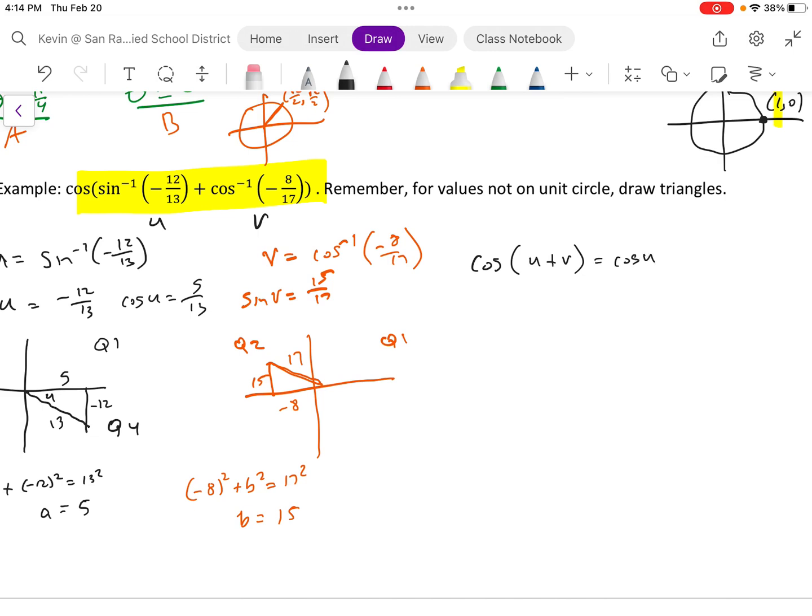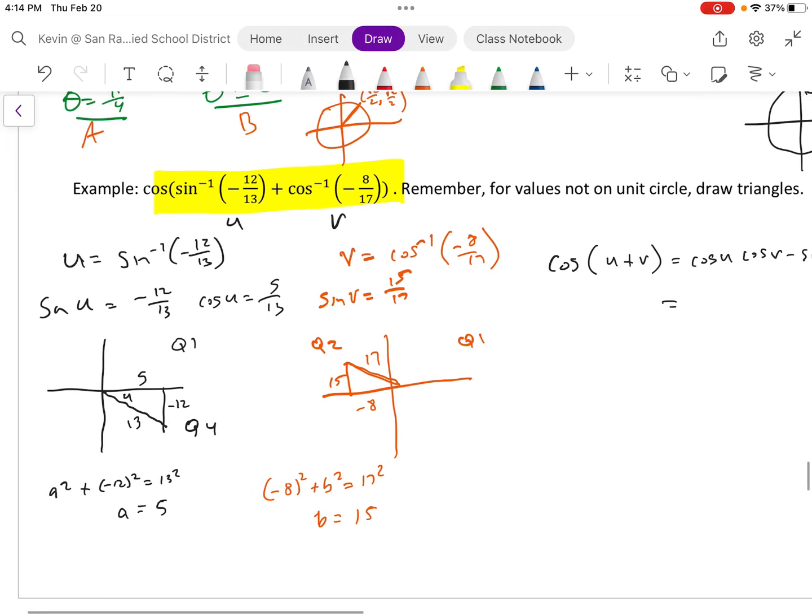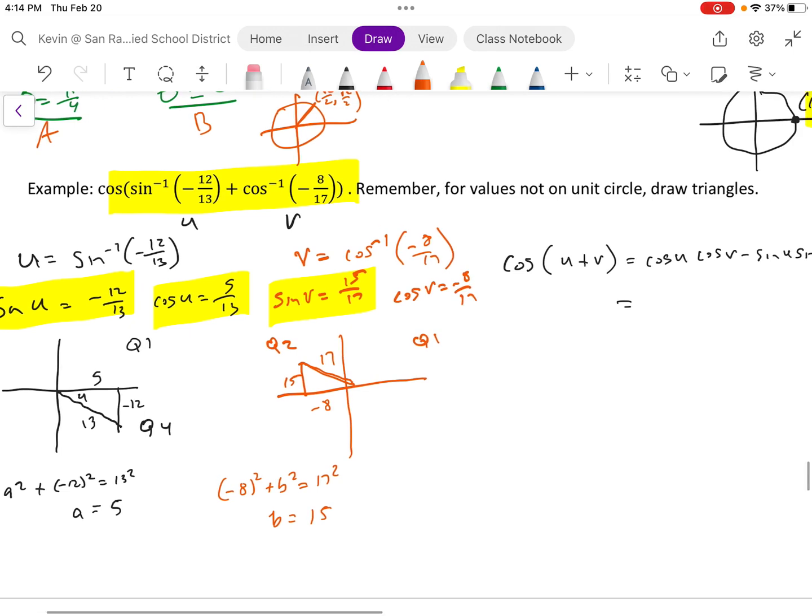Cosine of U plus V equals cosine of U, cosine of V minus sine U, sine V. Now we use these values that we found: the sine of U, cosine of U, sine of V, and cosine of V equals negative 8 over 17. So let's use that information.